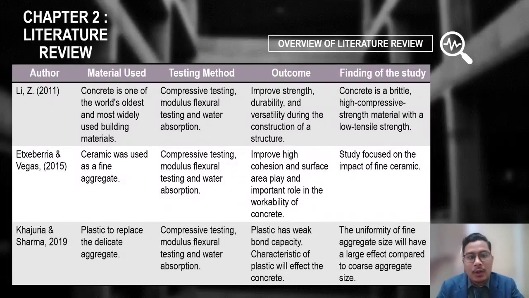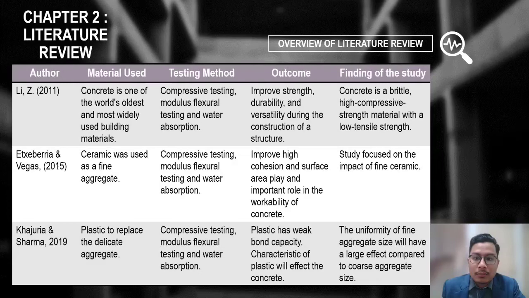Okay, next we go to the second research by Echeverria and Vegas in 2015. He said that ceramic was used as a fine aggregate. How did he determine the mechanical or material properties of the concrete? He used the same tests as Lee.Z: compressive testing, modulus of rupture testing, and water absorption.